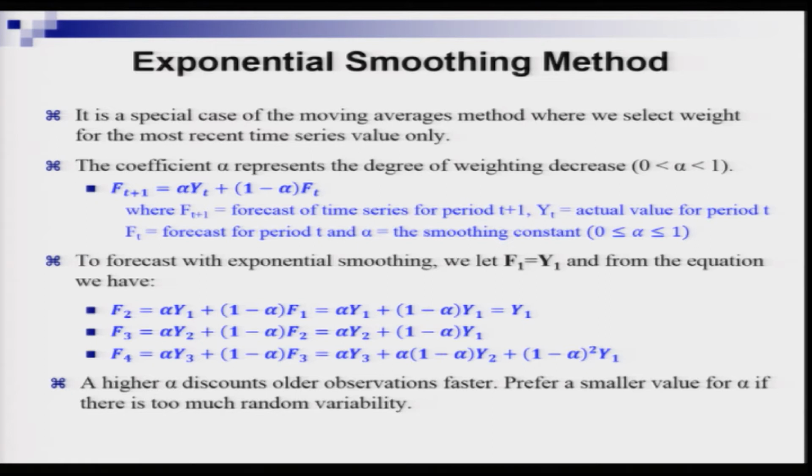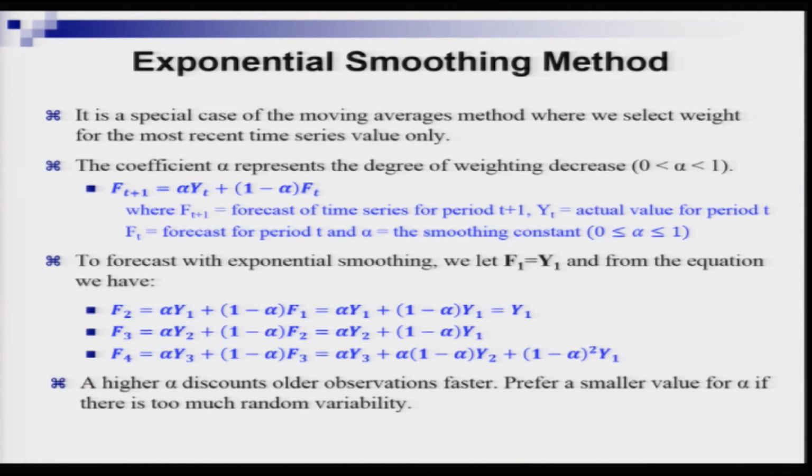In the expression for f_2, you get back the observation y_1, which is the actual value of the time series. Then you take y_1 as proxy for f_2, and continue to calculate the fitted value for the time period t equal to 3. You apply the value of y_1 in place of f_2, and you get a much more complicated expression compared to the first one, and you can continue like this.